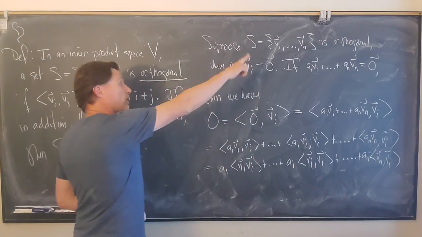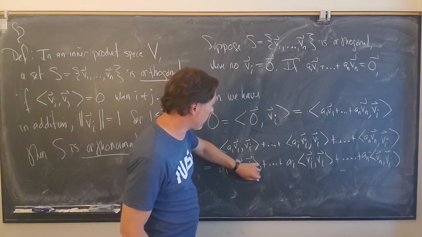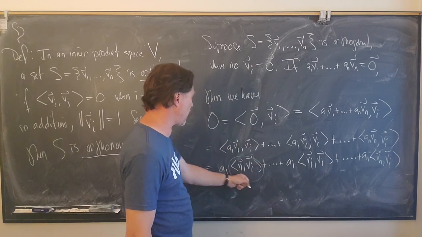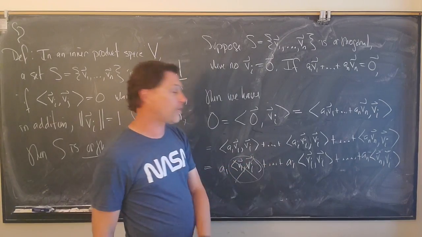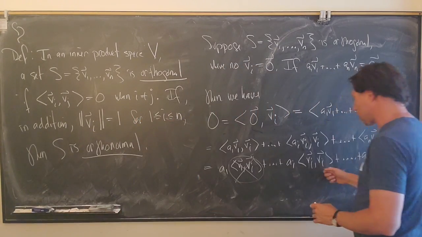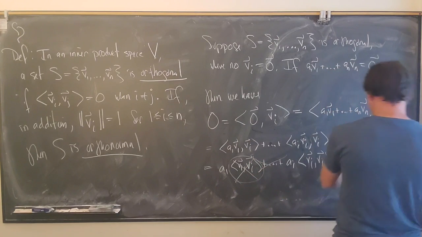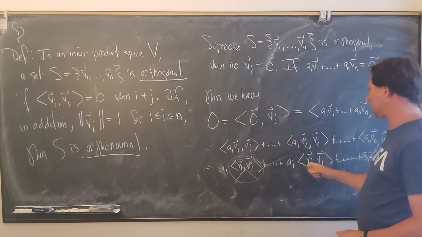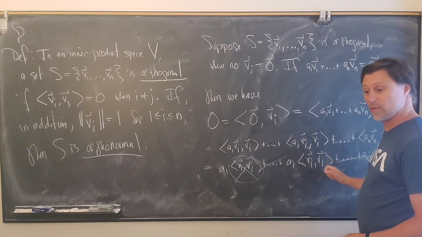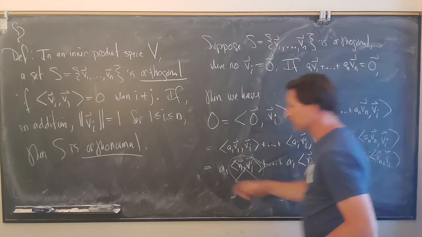Now, we know that our set is orthogonal, which tells us that the inner product of v1 with vi is equal to 0. All the way down, in fact, all of them except this term are going to be 0, right? So all of this stuff will be gone, and we're left with a sub i times the inner product of v sub i with v sub i equal to 0. So let's write that down.